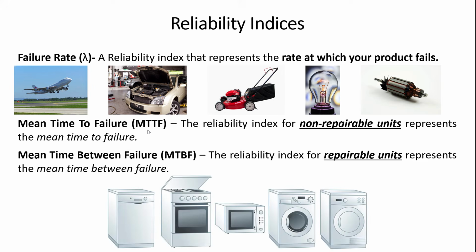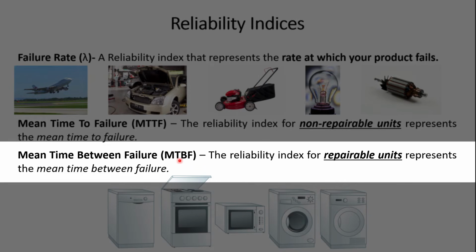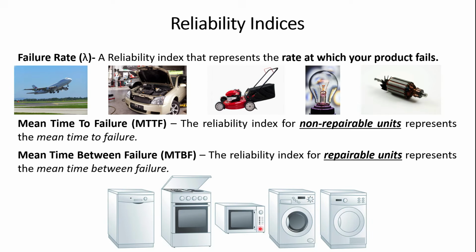Now, the counterpart of that is called the mean time between failures. So when we're talking about the reliability of a repairable unit, we want to talk about a metric where we start using it, and then we use it for a period of time, and then it breaks, and then we fix it, and we start using it again. So things like common appliances, automobiles, lawnmowers, airplanes, these items all are repairable.